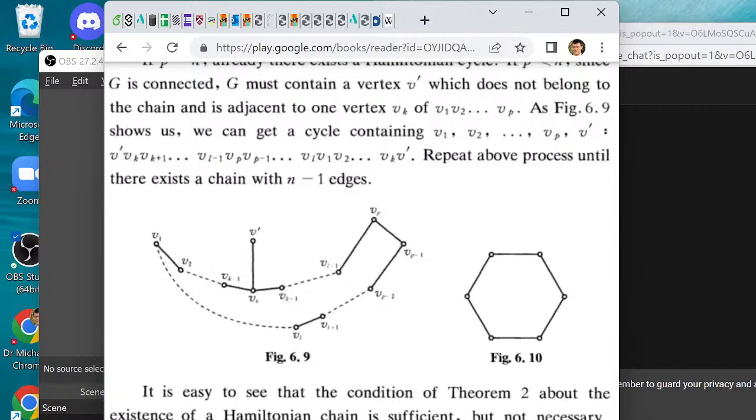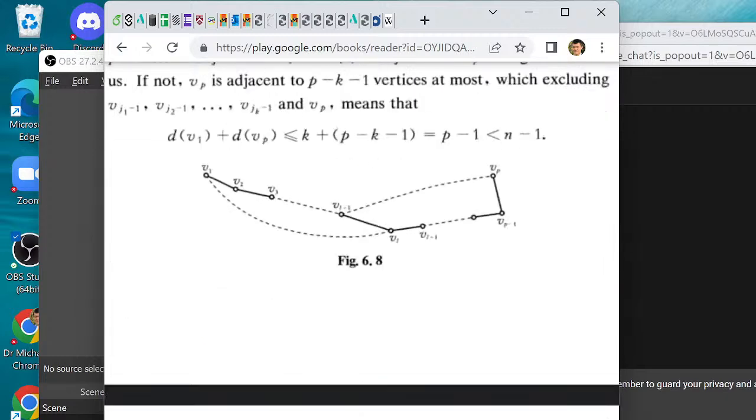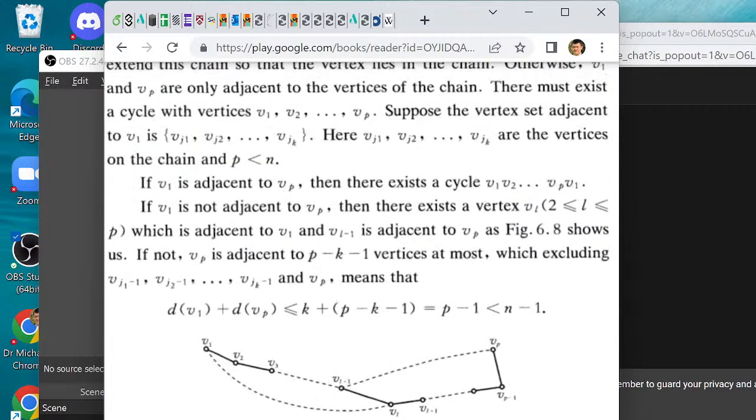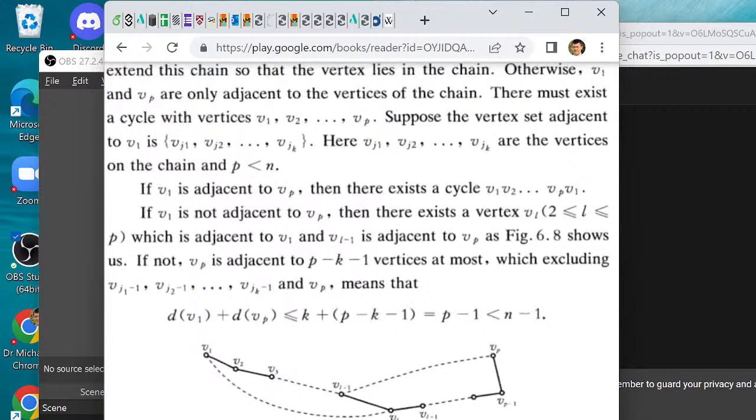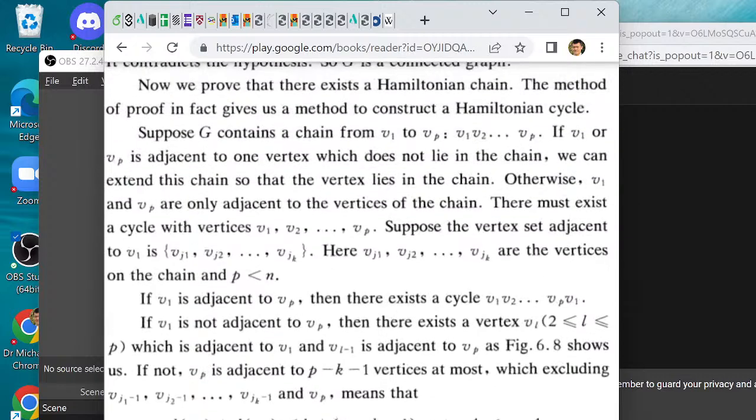It's very strange because we repeat a vertex here. It's a cycle, but not a Hamiltonian cycle. So what's the point of this now?